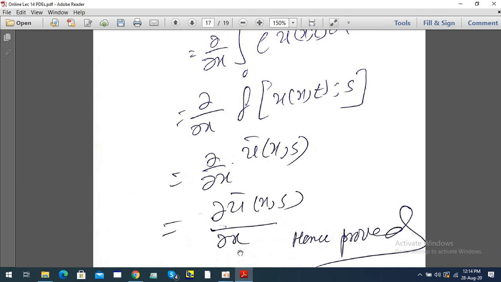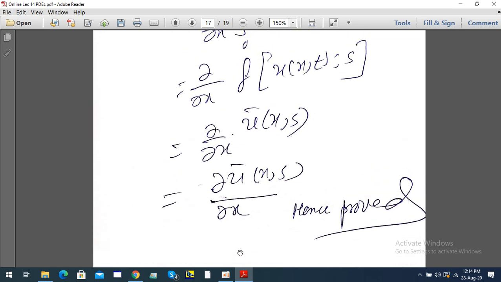So the Laplace of partial u by partial x is nothing but partial u bar by partial x. Here we have partial by partial x of u of x,t, but now we have partial by partial x of u bar of x,s. Just u changes to u bar and t changes to s.